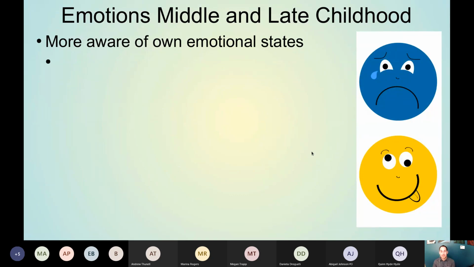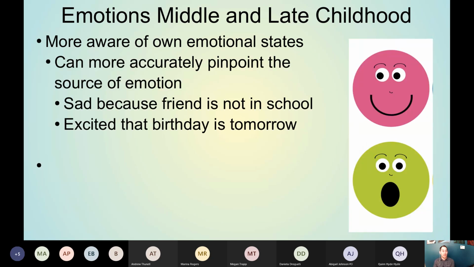Also, they are better at seeing what their own emotional state is and recognizing and understanding their emotions and pinpointing the cause of their emotion. So they might be sad because a friend's not in school today. They'll be able to pinpoint that a lot better versus an early child.